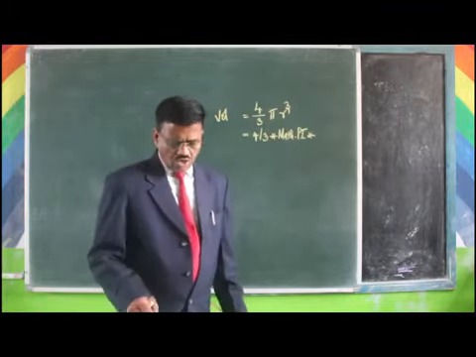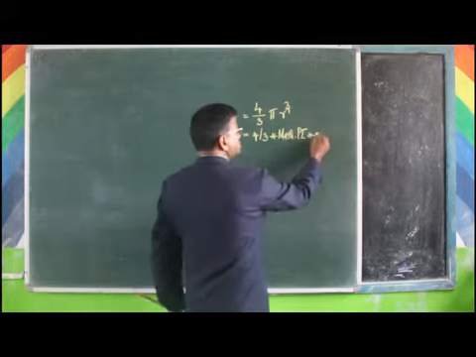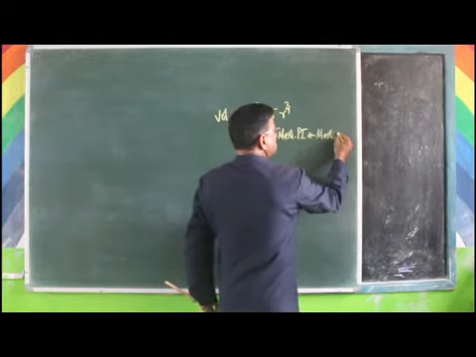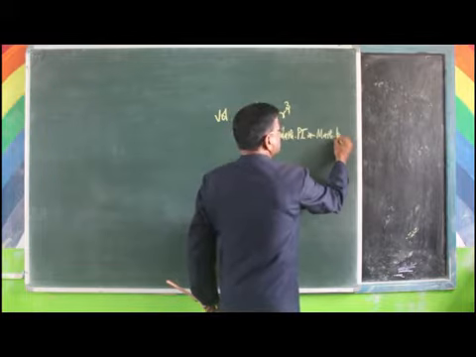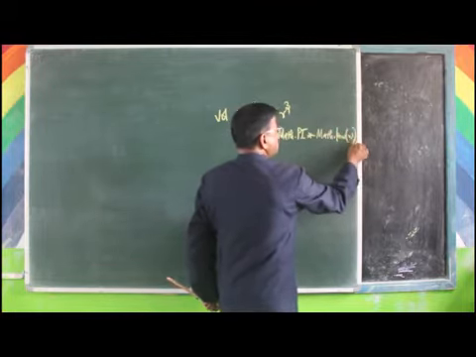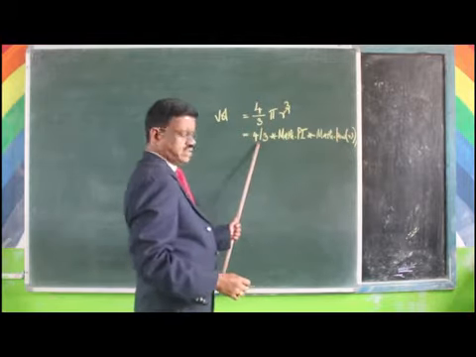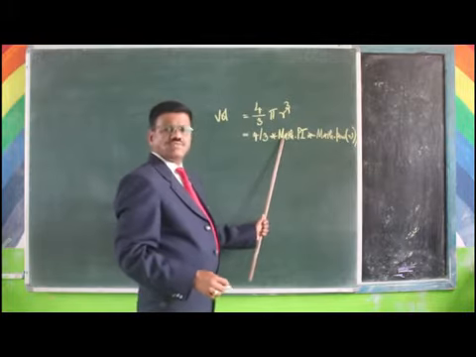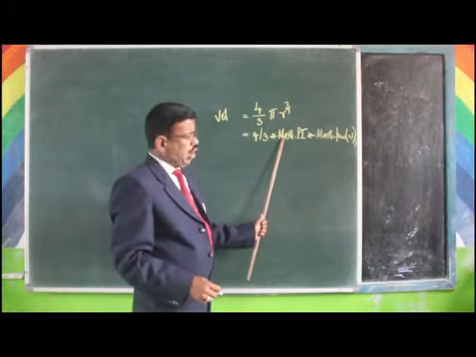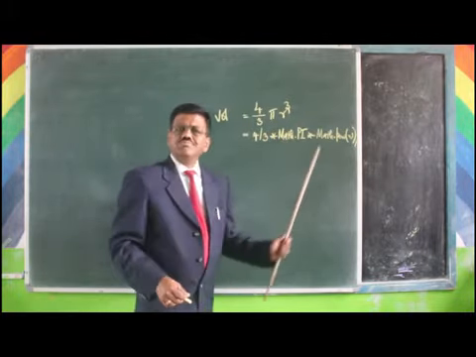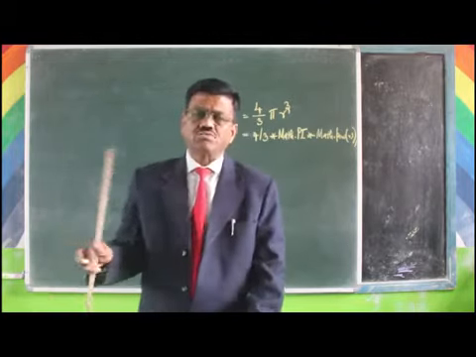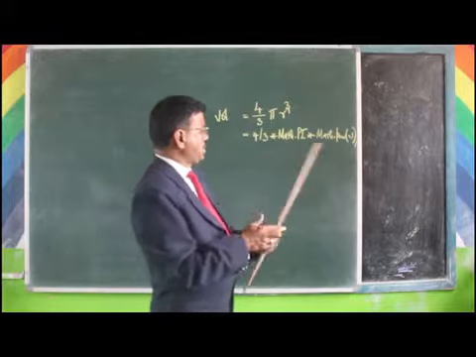Instead of r into r into r, what I can do is, look here: 4 by 3 into pi, 22 by 7 you can write, or you can write Math.PI. Both have to be in uppercase.